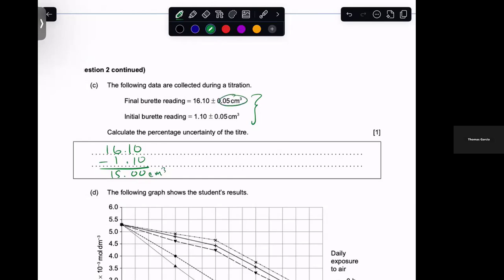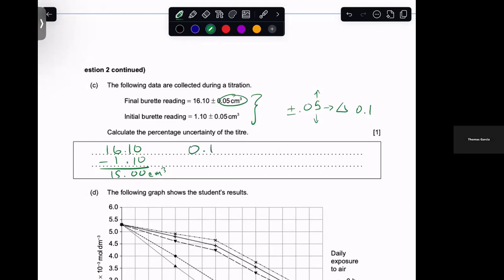Now we have to find the uncertainty. If we have plus or minus 0.05, that really means we have a total change of 0.1 because we could be up 0.05 or down 0.05, but that whole difference is 0.1.